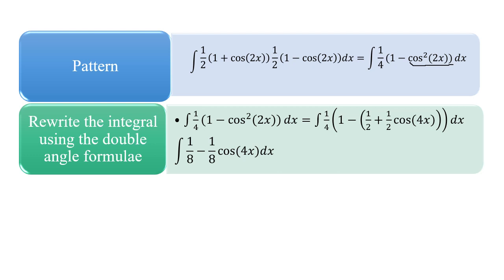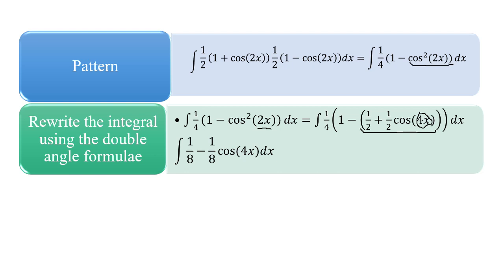We have 1/4. So this is what we have left with. And I replaced the cosine squared 2x by the double angle, which is 1/2 times 1 plus cosine 4x. So here you can see it's double angle. The angle we had was 2x, so we double that angle. That's why here we get 4x. All right, so that's the double angle formula. Again, what that means is you double the angle when you use it.